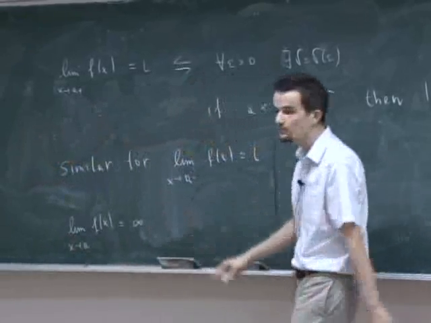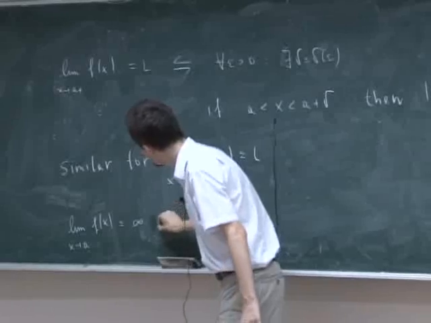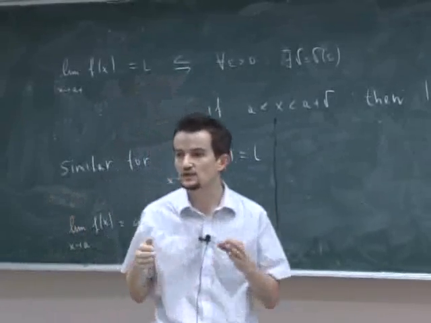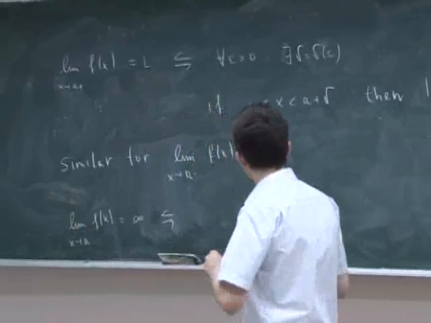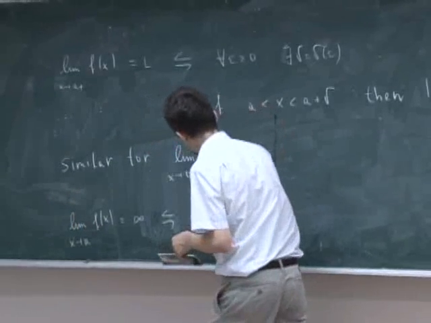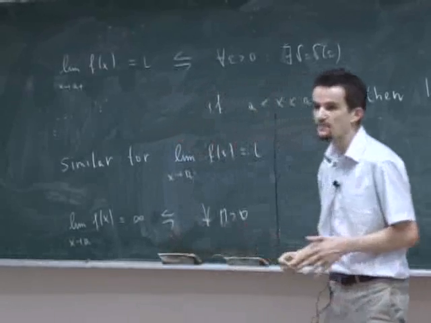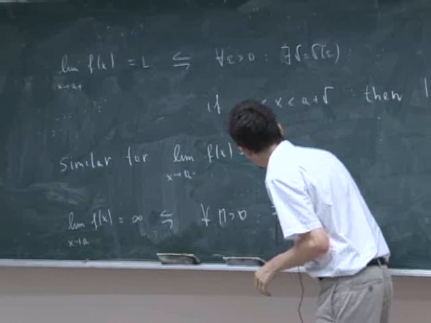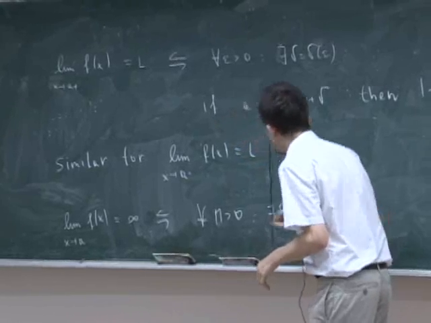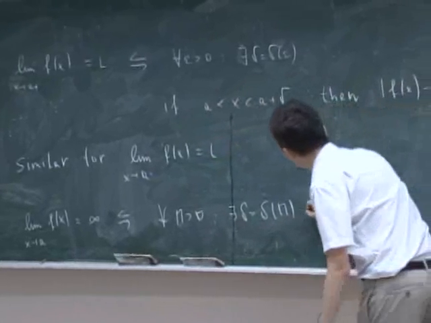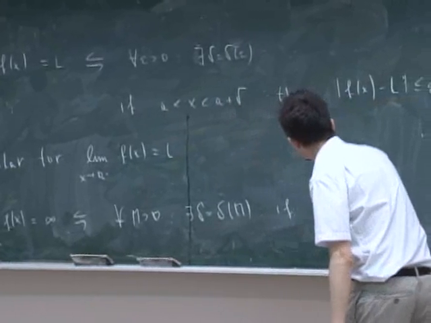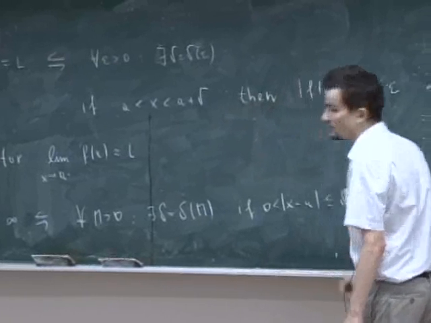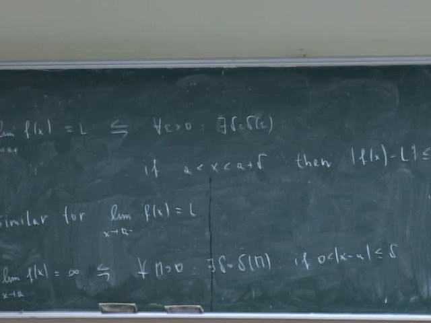Okay, so what does this symbol here once more mean? This means that f of x is getting larger and larger as x is getting close to A. So here, for every large m, you have to give me a delta, which might depend on m, such that if the distance between x and A is smaller or equal than delta, then f of x is large.